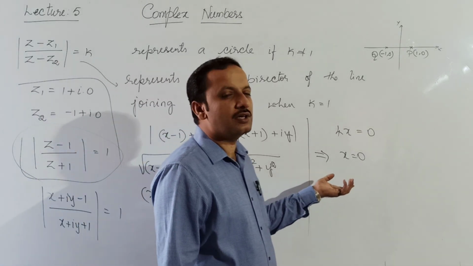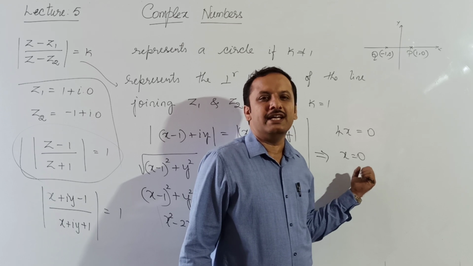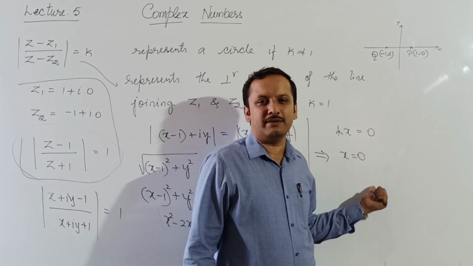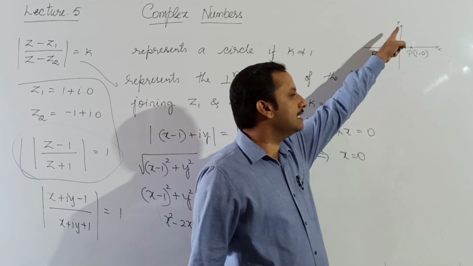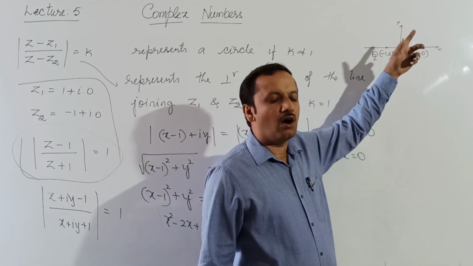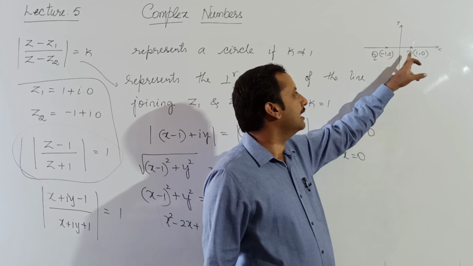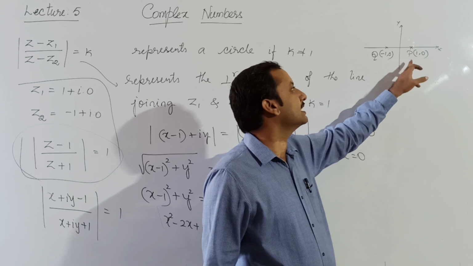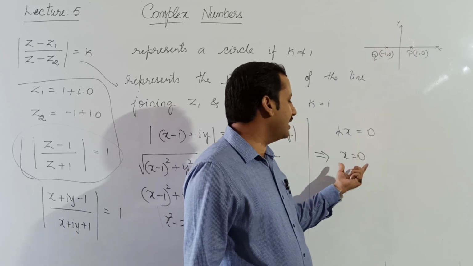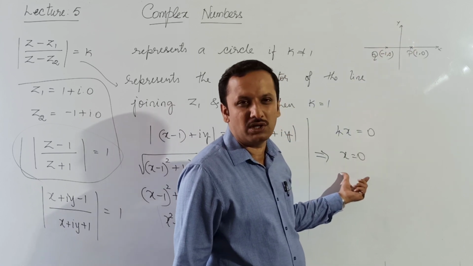Now x equal to 0, what does this represent? x equal to 0 is the equation of the y-axis. Already I have told you that the perpendicular bisector of the line joining PQ is nothing but the y-axis. That y-axis, its equation is x equal to 0.